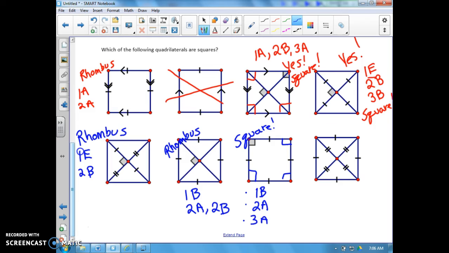Now let's look at our final example. Here, I've got lots of ways I could show that this thing's a parallelogram. I could say that my opposite sides are congruent, so it could be by 1B. Or I could show that the diagonals bisect each other, that's 1E. Both of those would work to show that it's a parallelogram. This is a rhombus because all four sides are congruent, so it's a rhombus by definition.